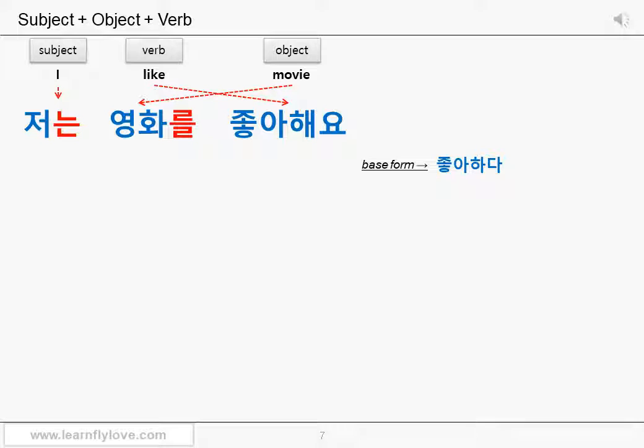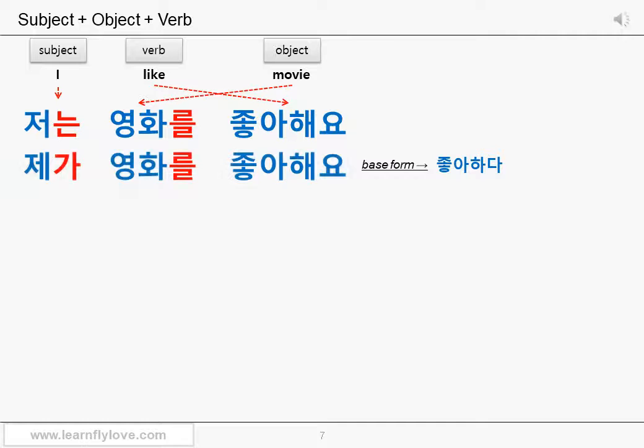How about you? As for me, if I talk about myself, my sister doesn't like movies, but 저는 영화를 좋아해요. If you add the subject particle 가 to the subject 저, 제가, I, 제가, movie, 영화를, like, 좋아해요. 제가 영화를 좋아해요. Who likes movies? It is me, 제가 영화를 좋아해요.